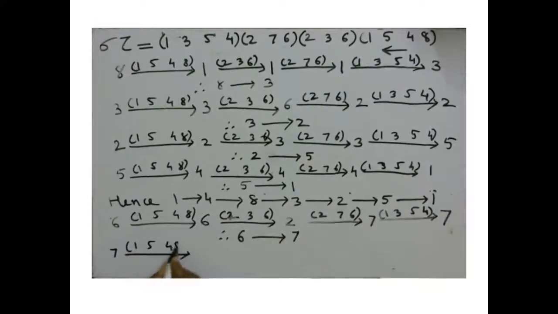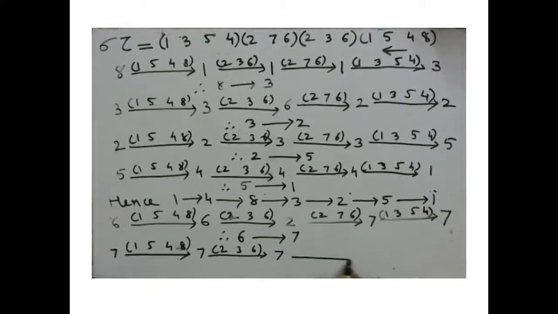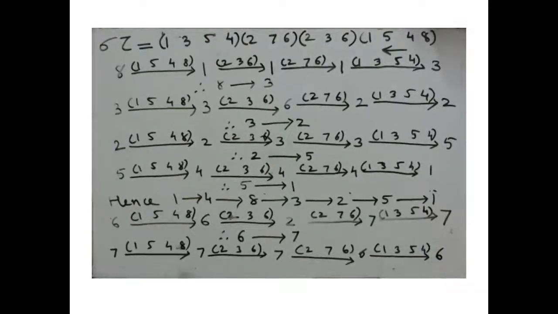1, 5, 4, 8: 7 is not present, fixed. 2, 3, 6: 7 is not present, so fixed. 2, 7, 6: here you see that 7 goes to 6, so 7 will map to 6. And in the last cycle, you have to see the image of 6 here, 6 is not present, so 6 is fixed. So we observe that 7 goes to 6. So the next cycle which we get in sigma tau is 6, 7.